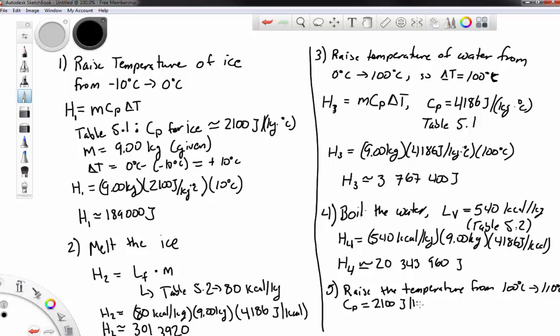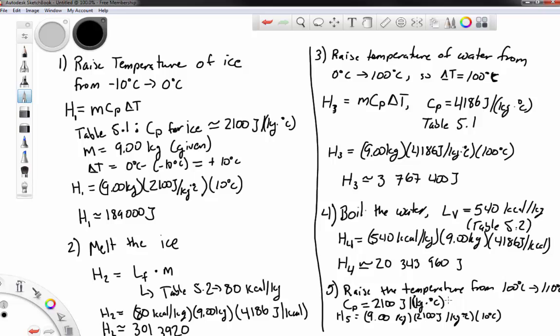And that's joules per kilogram degrees C. Okay, so heat for step number 5, therefore, is 9 kilograms times 2100 joules per kilogram degree Celsius times 10 degrees Celsius.